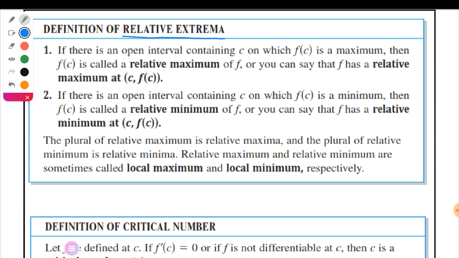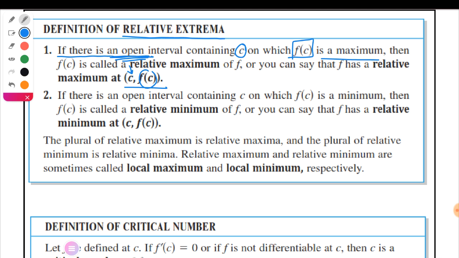But if there is an open interval containing the point c on which f at x equals c is a maximum, then we name it the relative maximum of the function f. Or you can say that it has a relative maximum at the point c, f at c. That is a coordinate, because to find the y coordinate of any x coordinate, you replace it in the original function.